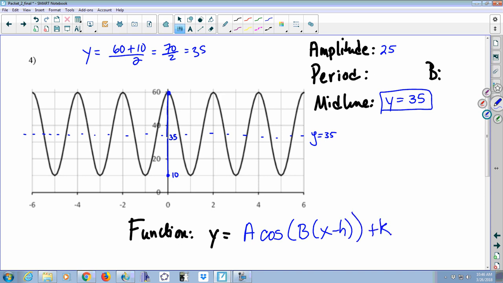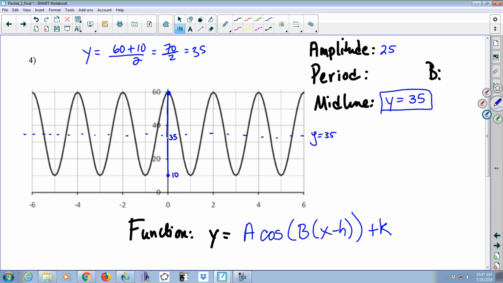Now notice our book uses H and K right here. H and K. Very similar to when you were studying quadratic functions, and you had x minus h quantity squared plus k. Some books use a big capital C here and a big capital D here, or vice versa. But your book uses this notation, so we'll stick with that.